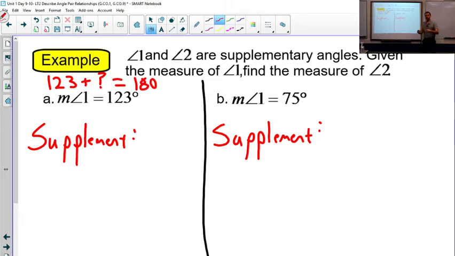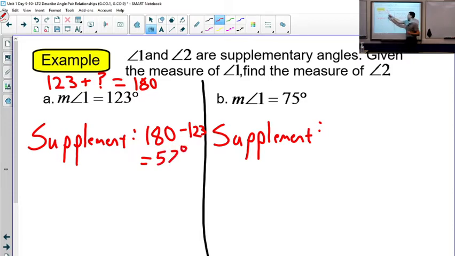So that's the goal. If you think about solving this like an equation, what would I do? Well, I'd subtract 123 from both sides. So if I want the supplement of this angle, I would take 180 and subtract 123, which is 57. So the supplement of a 123-degree angle is 57 degrees.